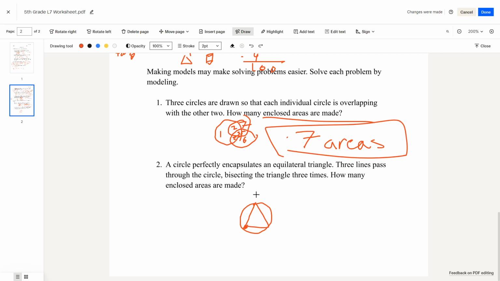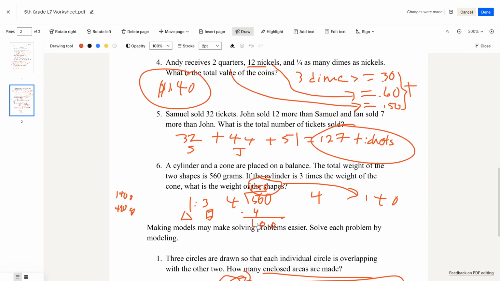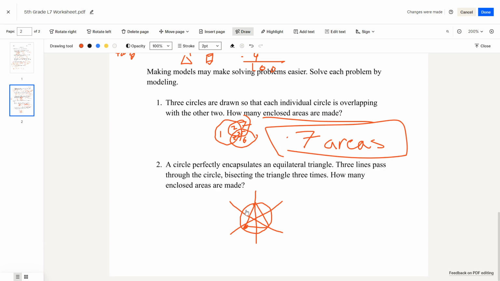So to bisect the triangle, we do 1, we do 2, we do 3. Imagine that middle gap is not there. We need to count 1, 2, 3, 4, 5, 6, 7, 8, 9, 10, 11, 12, right there. So my answer here will be 12 areas.